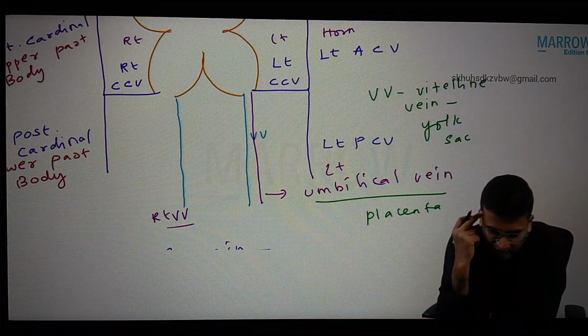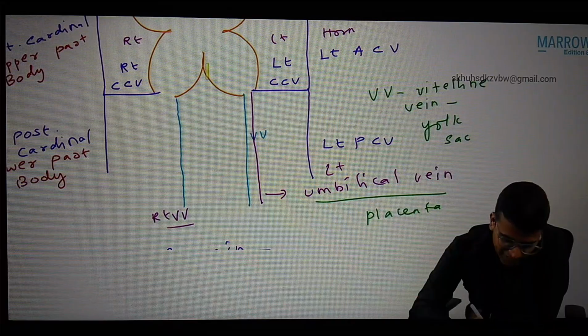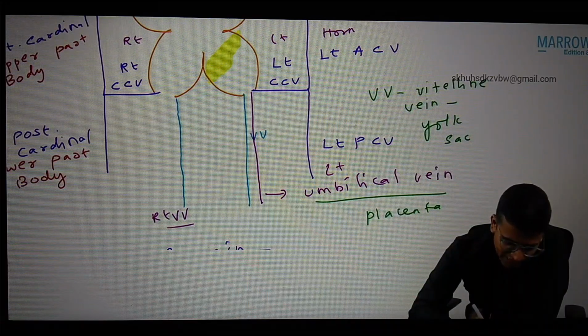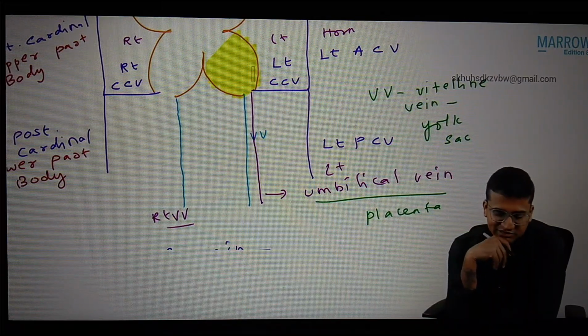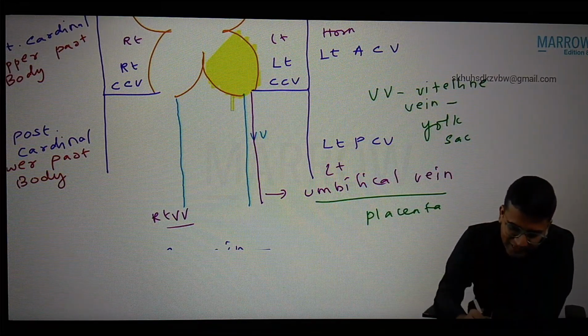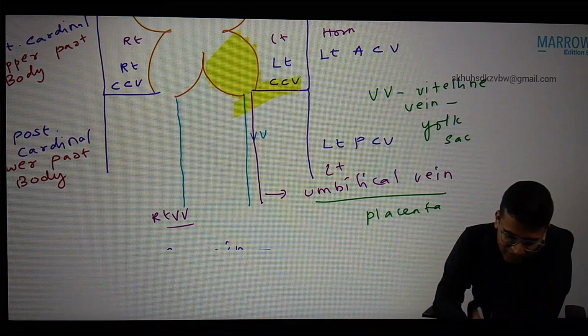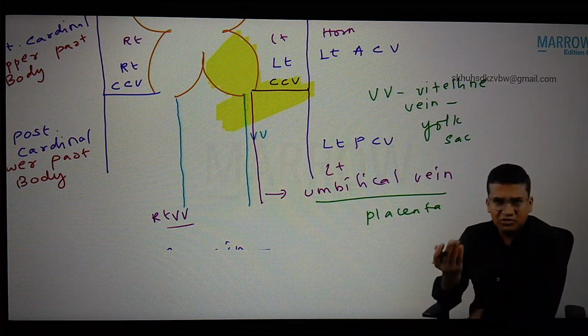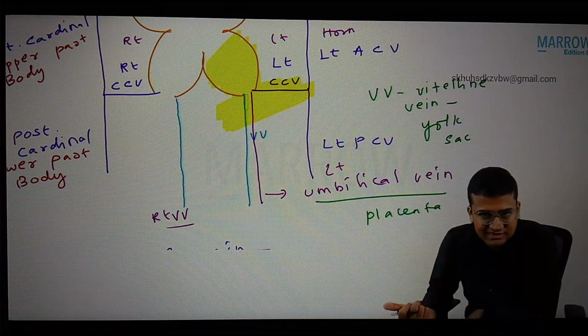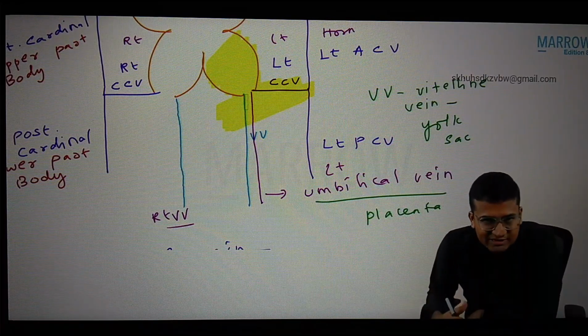Now see here. I told you the left horn of the sinus venosus will regress. Along with that, the cranial part of the three embryonic veins also regresses. I told you the left horn of sinus venosus regresses and forms the coronary sinus.